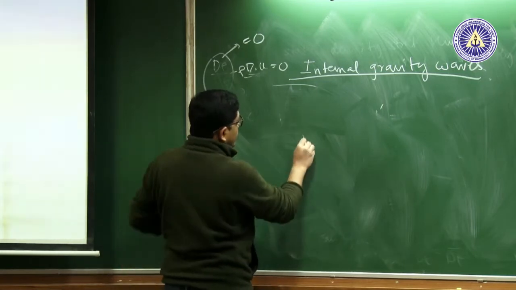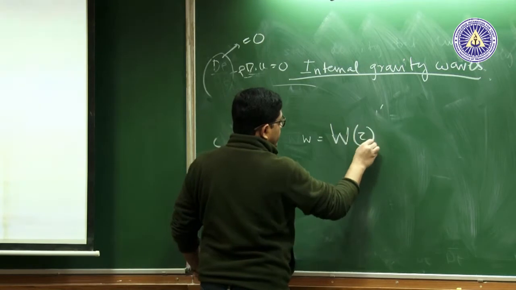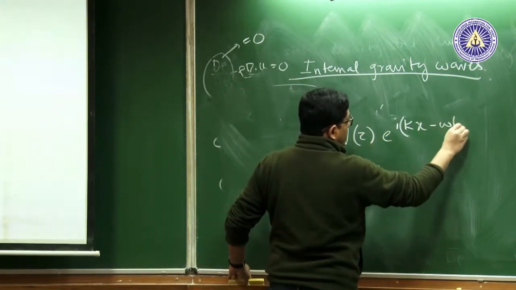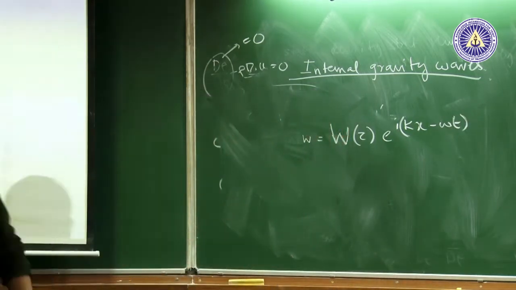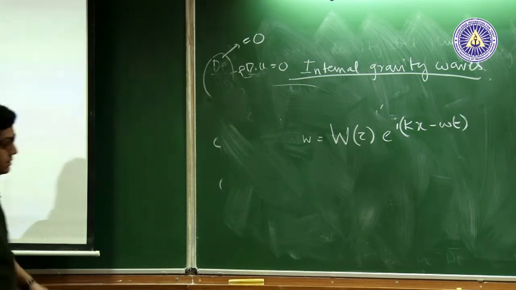So small w can be written as capital W(z) e^{i(kx minus omega t)}. The same thing you can do by taking a Laplace transform twice because of the two time derivatives, and a Fourier transform in x, you should end up getting the same answer.